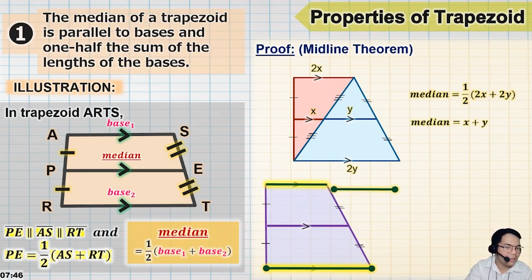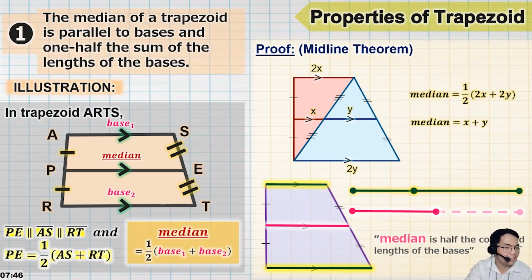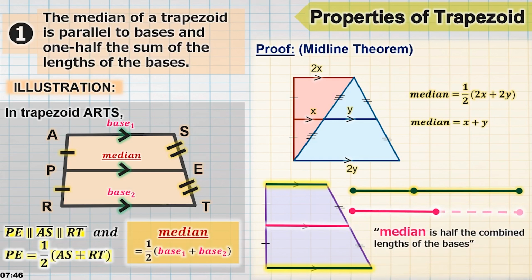When we combine the lengths of the two bases, it is equal to double our median. So, from here, we can confirm that the median is technically half the combined lengths of the bases. Got it? So we have two ways that showed why this theorem is what we use.